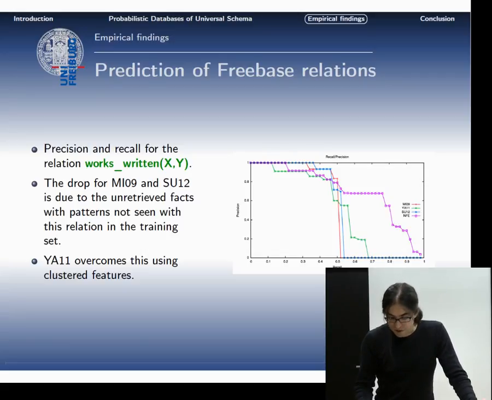The baseline system YA11 overcomes this in a way with the clustered features, but is also significantly below the latent feature models.